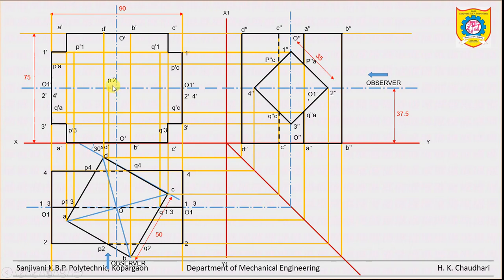This point is P dash 2. Similarly from this side, by taking the projection from Q2, this point is Q dash 2. Okay, now observe carefully the portion from P double dash A to point number 2. This is the inclined one.